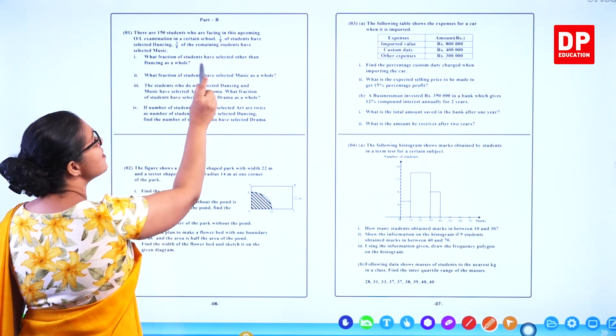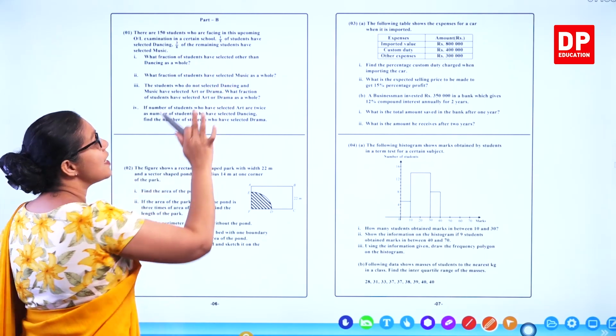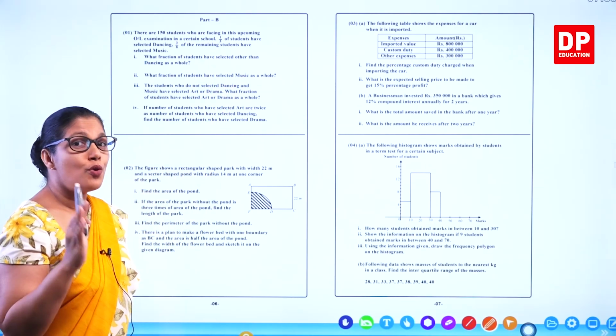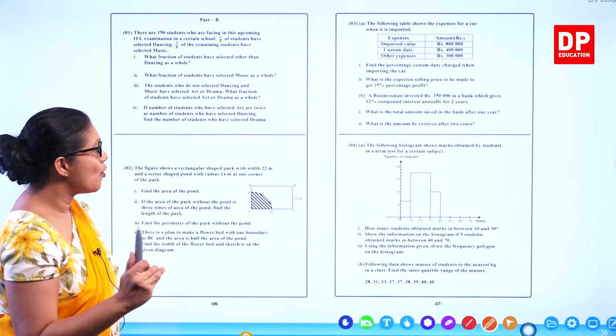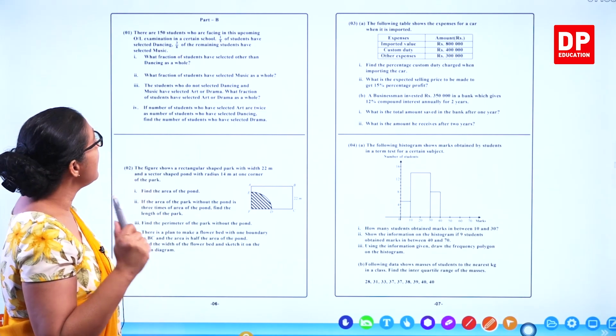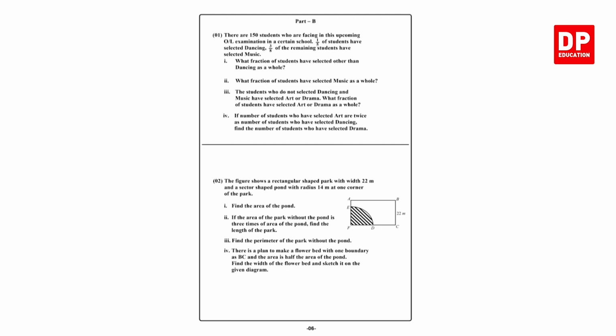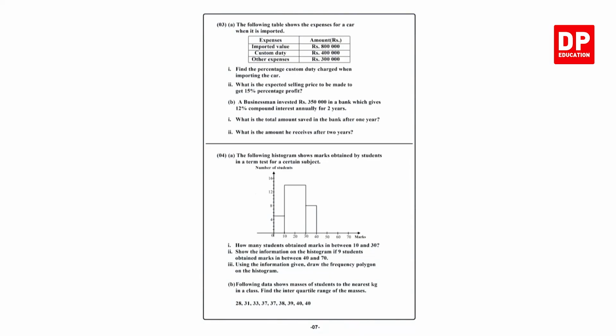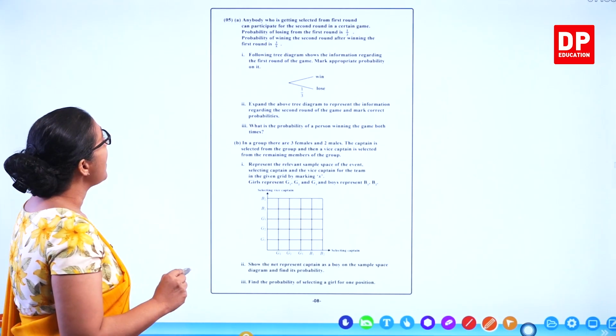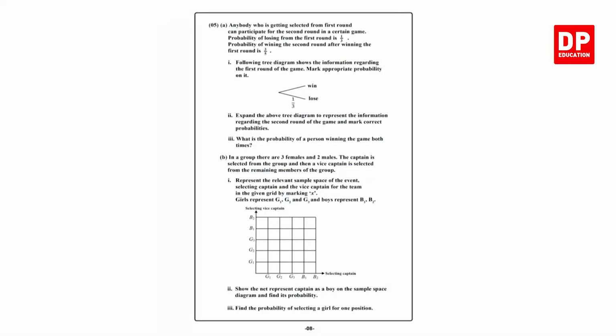Here you can't see the spaces, but in your real paper you will get spaces to write down the answers. You get 1 and 2 on the first page, 3 and 4 on the second page, and the 5th one on the third page.